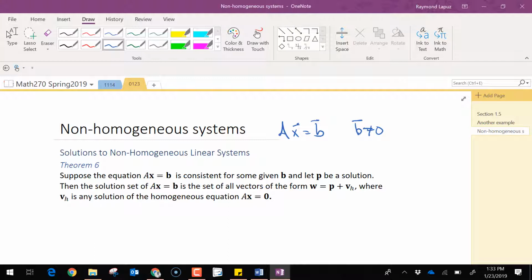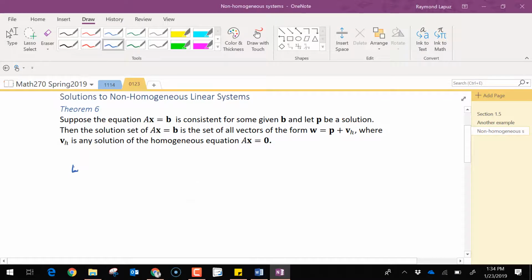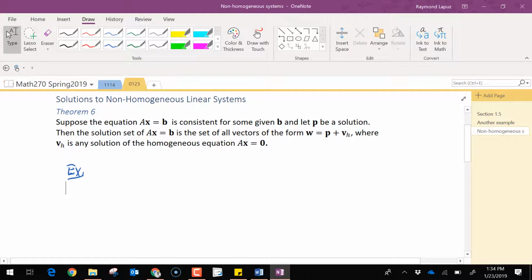All right, let's take that example that we were working on, since we already know the vector solution for that, and let's make it into what should we call it? A non-homogeneous system. So example, we have, tell me what it is again.